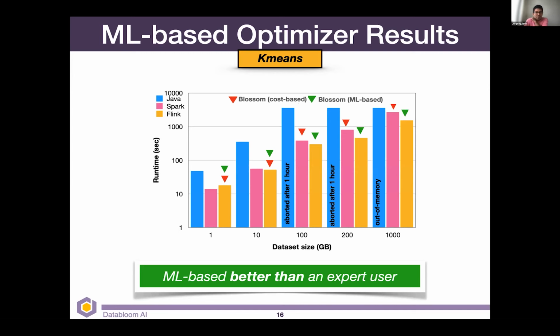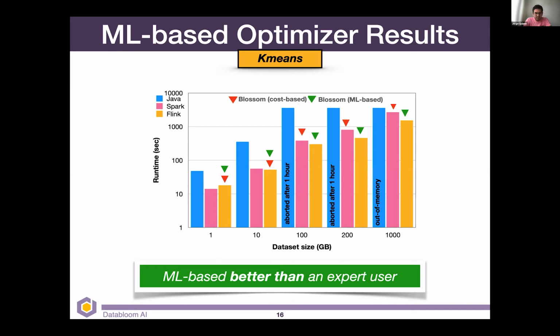Here the triangles are the selection Blossom made when using the cost-based optimizer, and the green one is when using the ML-based optimizer. In this case, we see that we didn't pick the right one, but of course, we are always on a sweet spot where it gets harder to decide when exactly we need to switch to the right platform. So that is a complicated case.